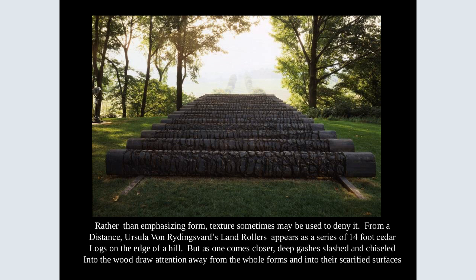Rather than emphasizing form, texture sometimes may be used to deny it, right? From a distance, Land Rovers appear as a series of 14 cedar logs on the edge of a hill. But once we come closer, deep gashes, slashes, and chiseled surfaces in the wood draw attention away from the whole form and into their scarred surfaces.